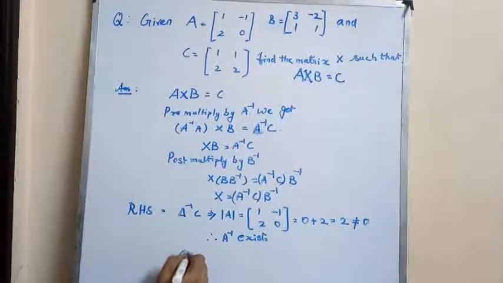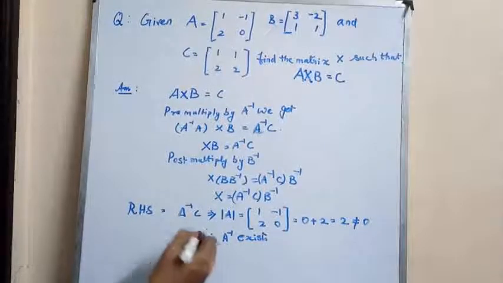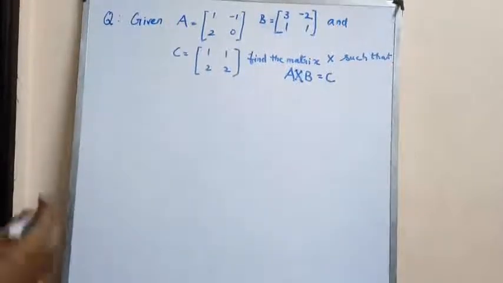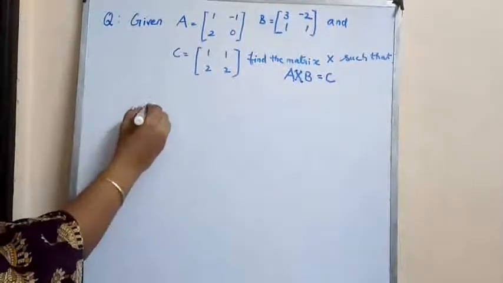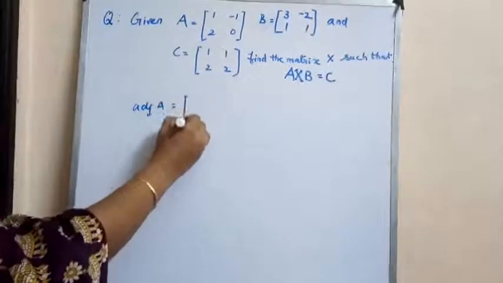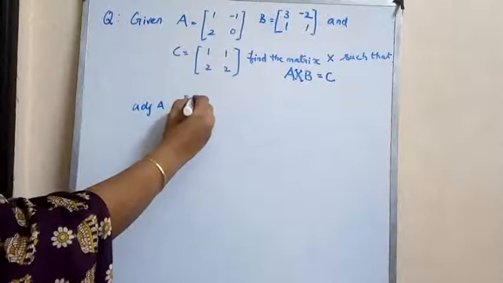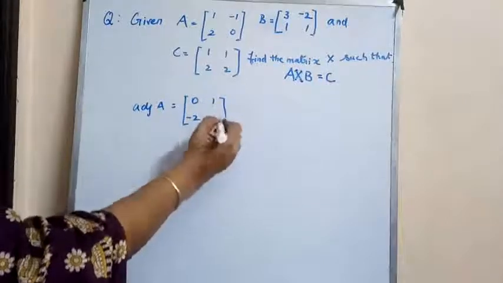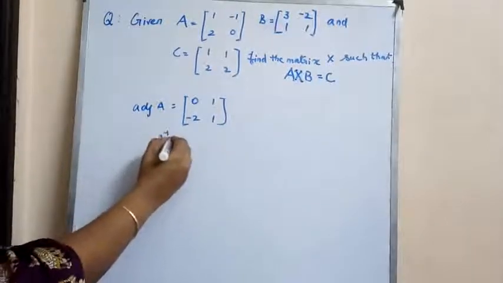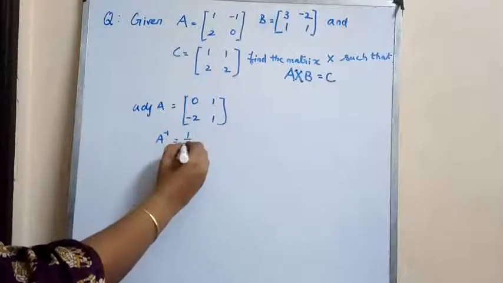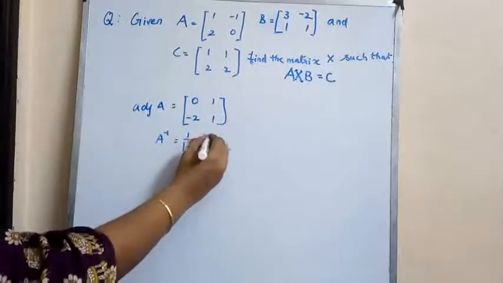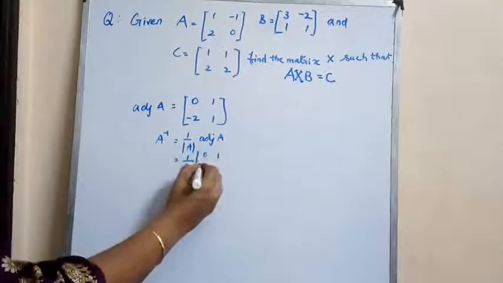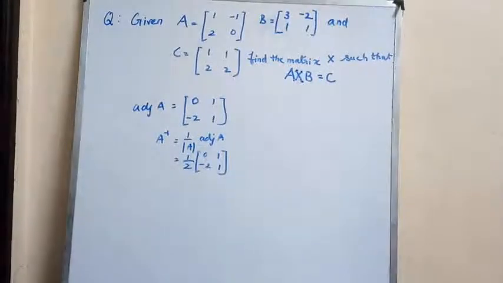So the next thing we have to find is adjoint of A. We know that we have to interchange the elements in the leading diagonal and change the signs of the off diagonal elements. So this is adjoint of A. So A inverse is equal to 1 by determinant value of A into adjoint of A, which is equal to 1 by 2 into 0, 1, minus 2, 1. So this is A inverse.